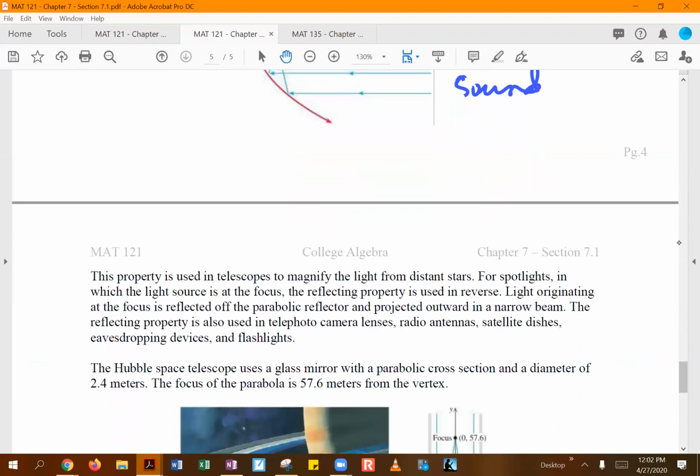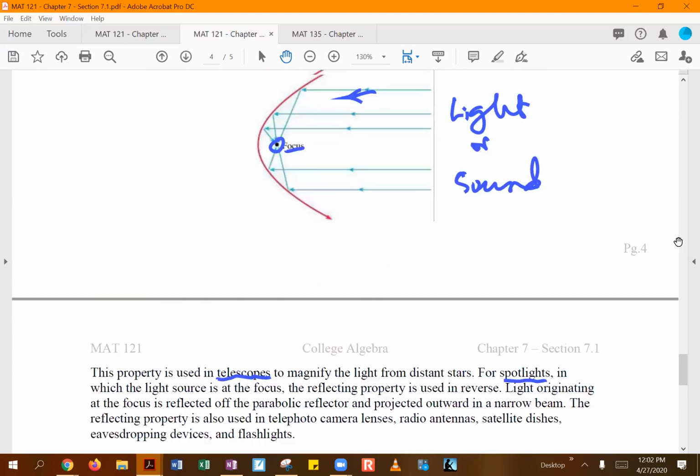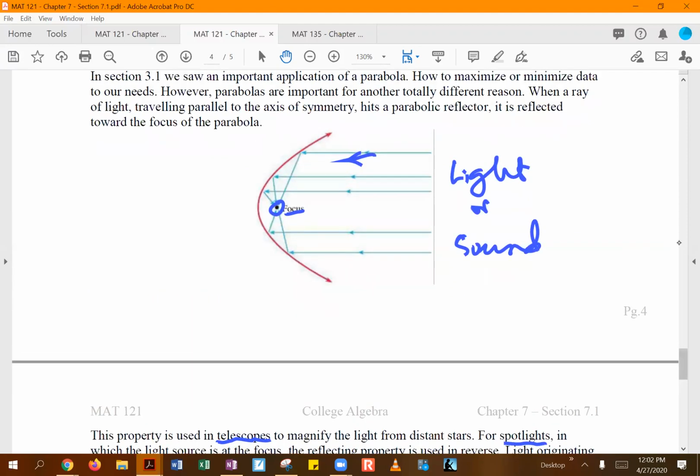I think they have a bunch of different examples over here. Yeah, they're talking about how we use this to magnify the light coming from distant stars in telescopes. When you are talking about spotlights, it is going to reverse the process. So that means in a spotlight, your light source is going to be here at the focus.